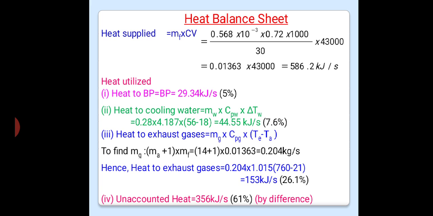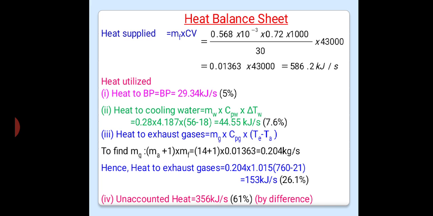First we calculate the mass of gas, which is 0.204 kg per second, as we discussed in previous problems. Substituting mass of gas 0.204, CPG 1.015, exhaust gas temperature 760 and atmospheric temperature 21, we got 153 kilojoule per second, which is 26.1%.